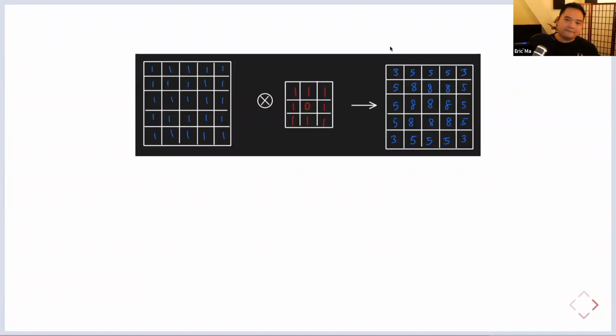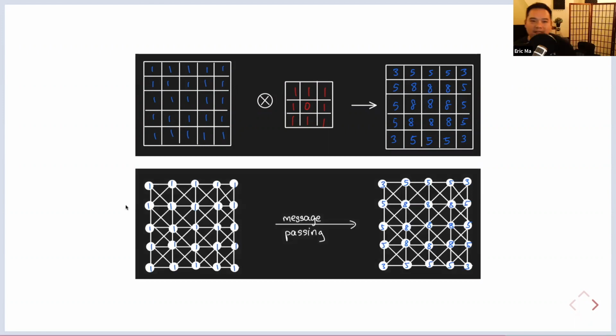All with me so far? If you think about pixels on a grid, pixels are entities and they share a spatial relation with their neighbors, which means they can be represented as a graph, which actually means you can take each of these pixels, represent them as a node on a lattice grid, and draw edges between any pair of nodes that are neighboring to one another.